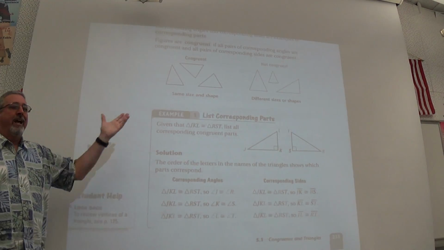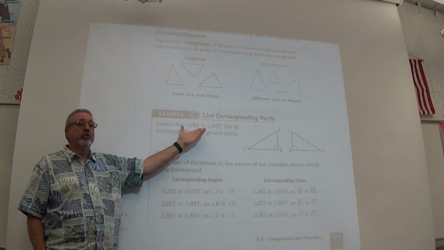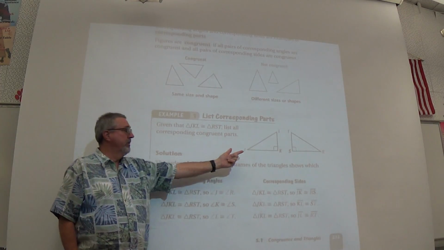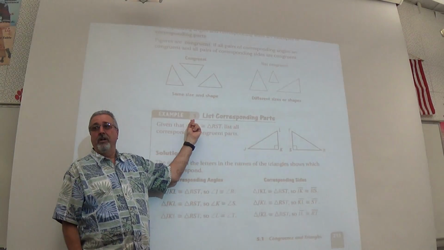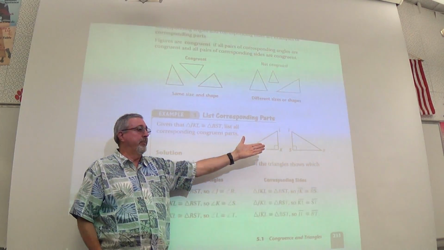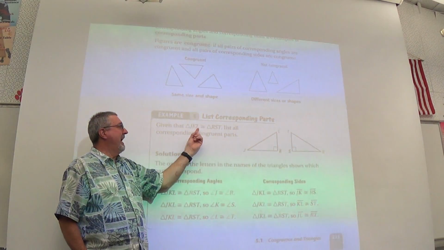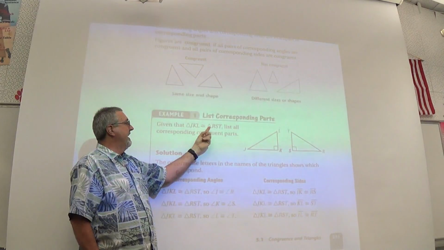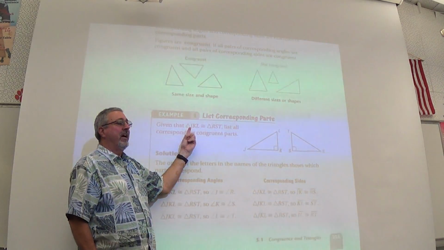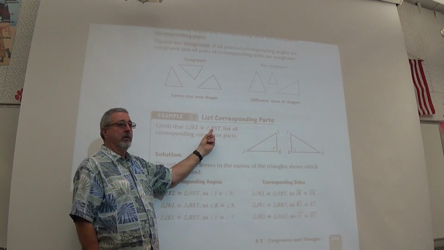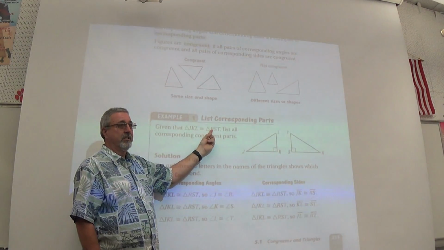So when you have this labeled this way, there's a reason for that. I don't really need to look at the pictures to determine which angles are congruent to which angles, or which sides are congruent. I can look at the way they have this listed and tell you that angle J is going to be congruent to angle R, because it's in the same position.